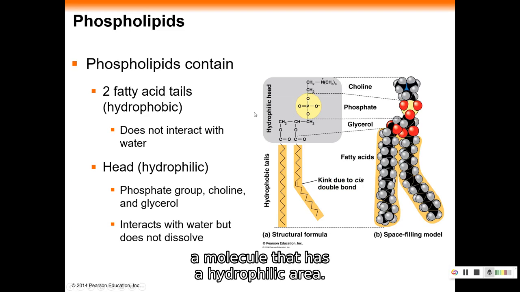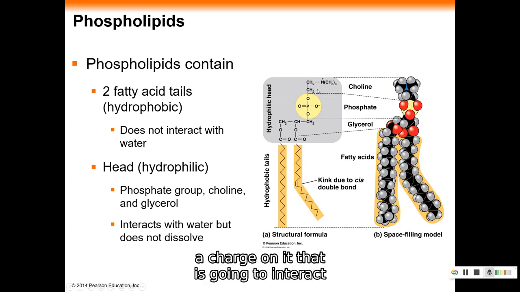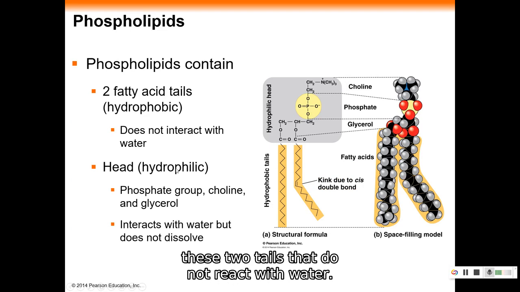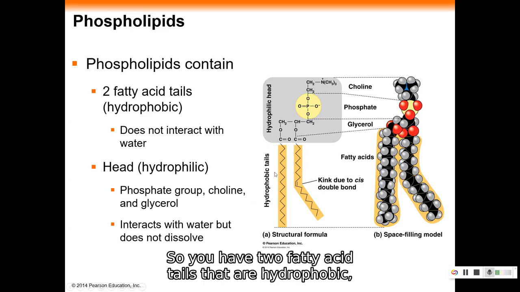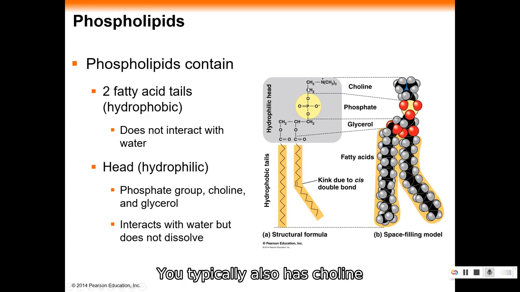This is going to end up with a molecule that has a hydrophilic area, so that phosphate group has a charge on it and is going to interact with water very well, and a hydrophobic area, these two tails that do not react with water. So you have two fatty acid tails that are hydrophobic. Then the head is going to be your phosphate group.